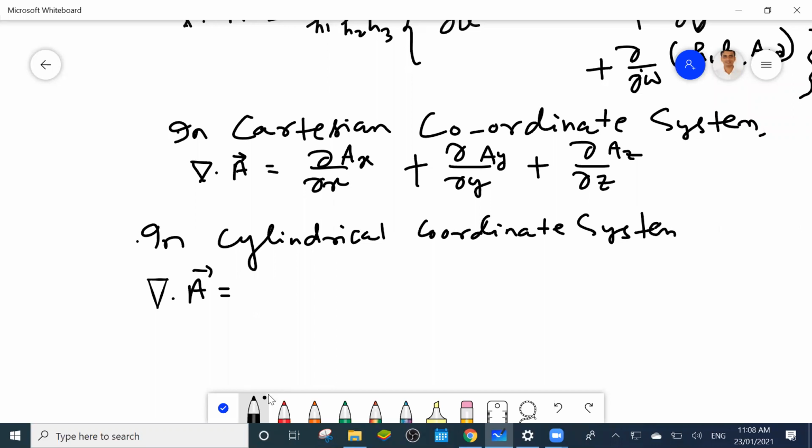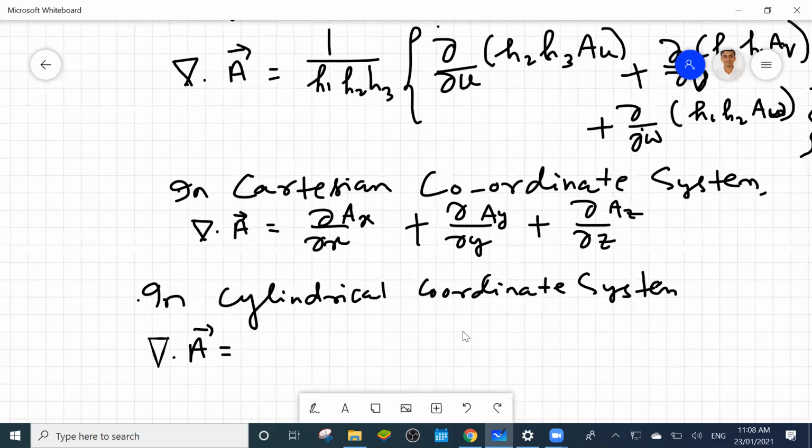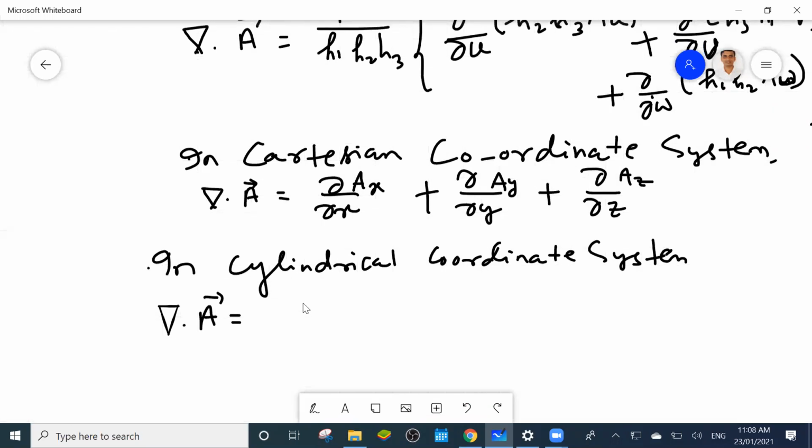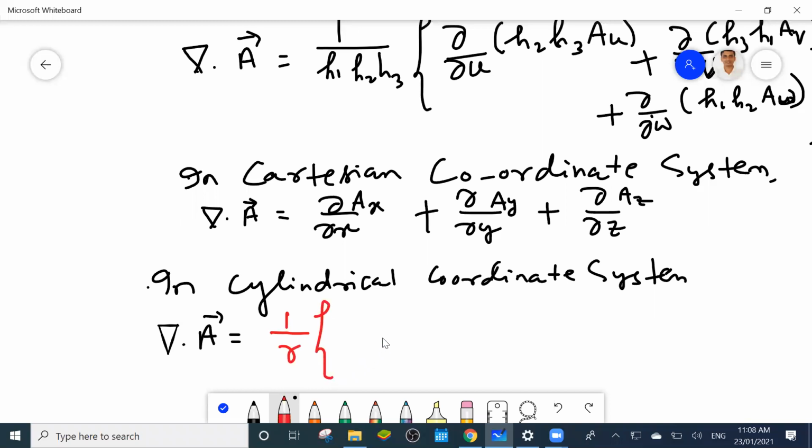So 1 by H1, H2, H3. H1 is 1, H2 is R, H3 is 1. So what can I write? 1 by R. Or in your book, it is written R equal to rho, so you can write 1 by rho. So first I can write here 1 by R. Then what is the other part?